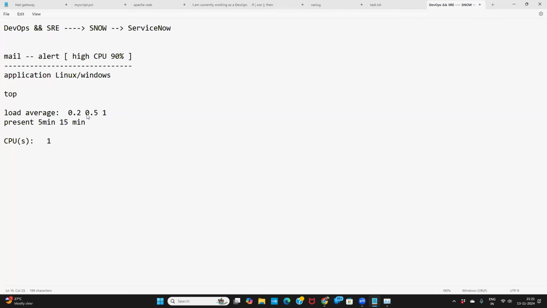But how much percentage of load is this now? How much percentage of the load we have? Here if you observe, one CPU means it is 100% utilized. 15 minutes back, 100% utilized.